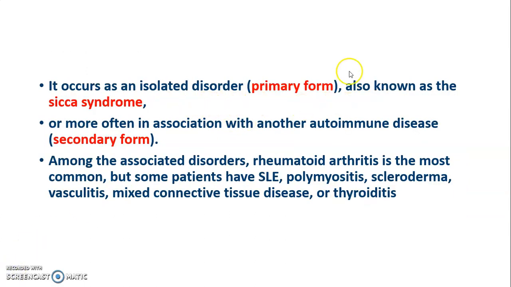It can occur in a primary form known as sicca syndrome, or in association with another autoimmune disease, that is the secondary form. The associated disorders are rheumatoid arthritis, which is most common, then SLE, polymyositis, scleroderma, vasculitis, mixed connective tissue disease, and thyroiditis.